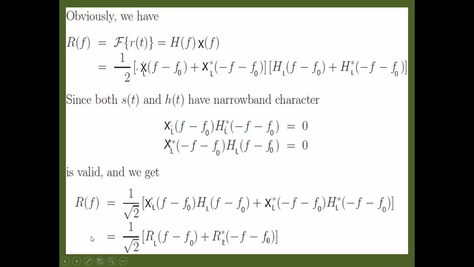Now, if you take the inverse Fourier transform of this, you will recover the R(t) signal back in terms of RL(t). So the received bandpass signal can be expressed in terms of the received low pass equivalent signal.